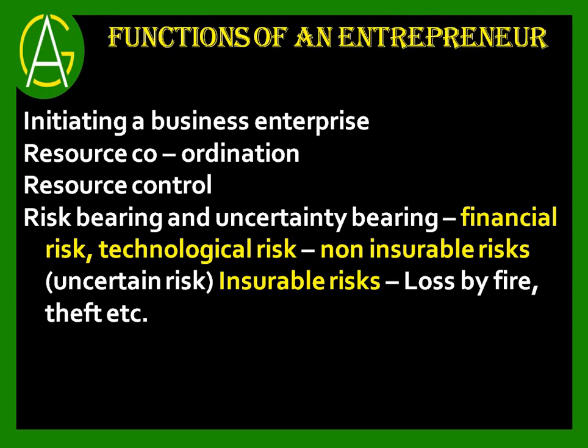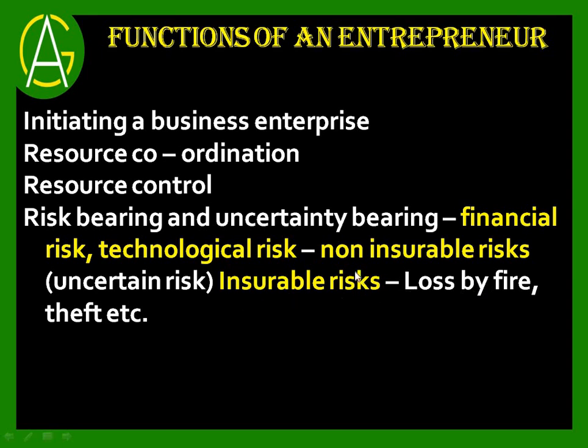Insurable risk means the risk which can be covered by an insurance policy, like loss by fire or theft. The insurance company will give you an insurance policy for such kinds of losses. So these are called insurable risk.